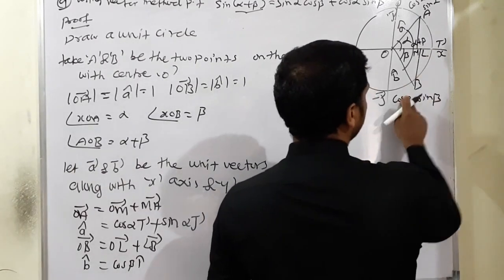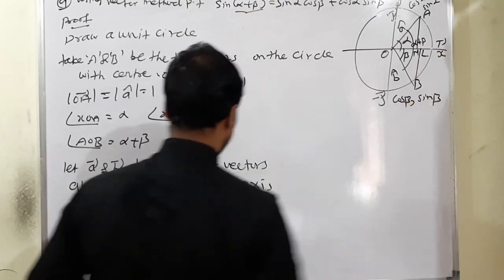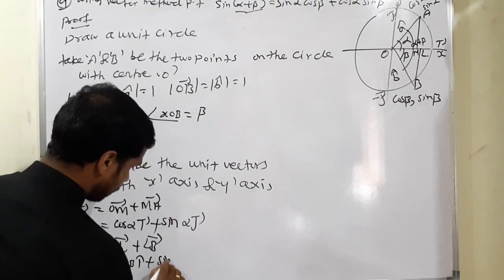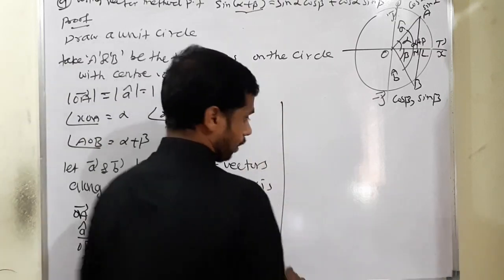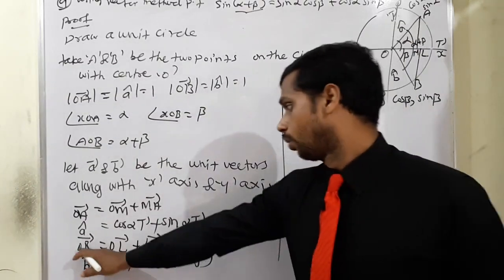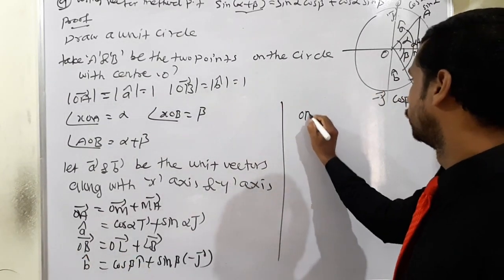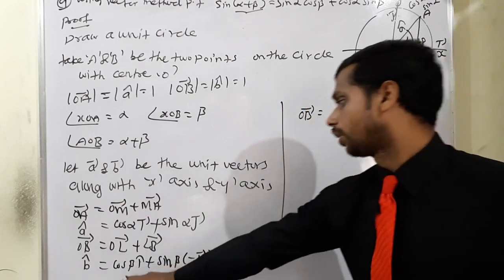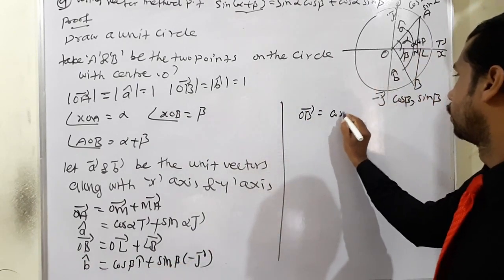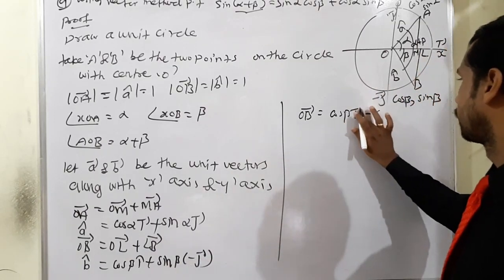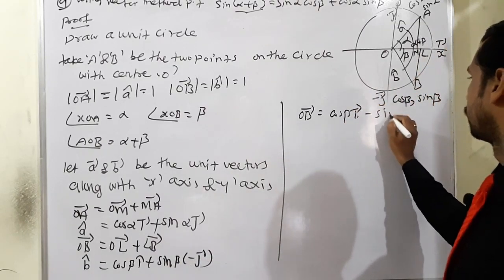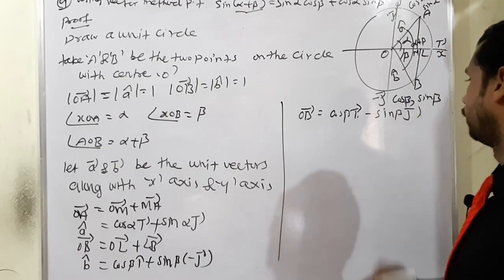L to B is parallel to the y-axis, so a negative term, sin beta. So plus sin beta negative j vector. Therefore OB vector is equal to cos beta i vector plus minus sin beta j vector.